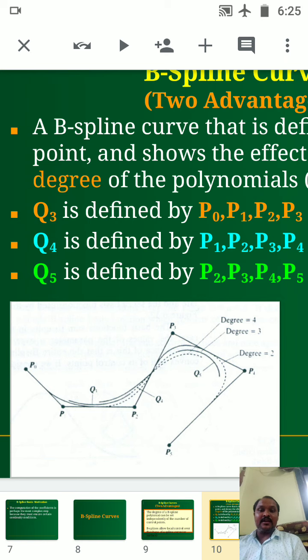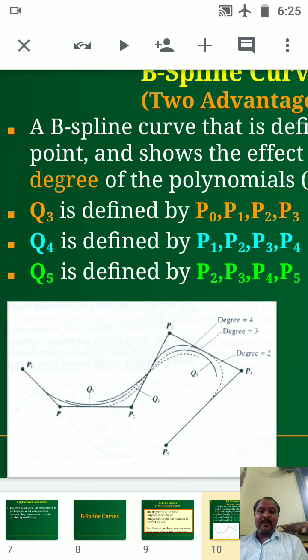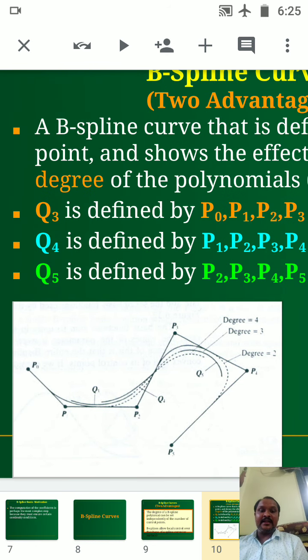So that's why we are not considering P0 in the Q4 curve segment. But whereas Q5 is defined by P2, P3, P4 and P5. Here we are not considering P0 and P1. Why? Because it is far away from P0 and P1.